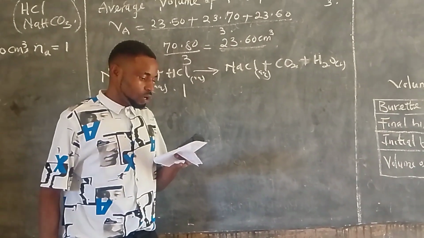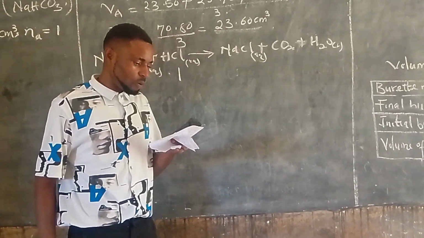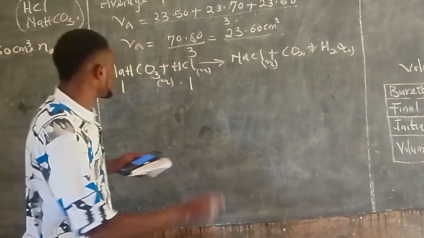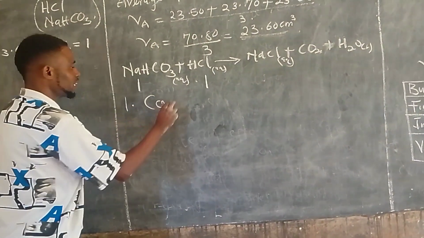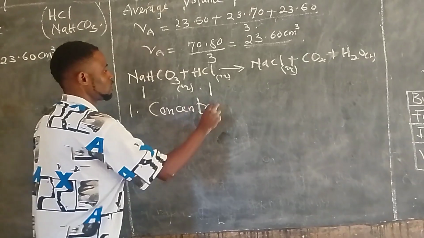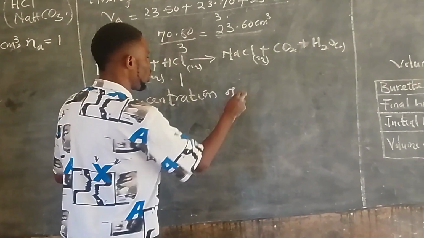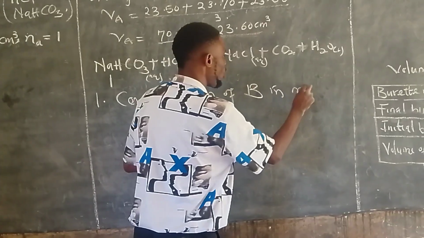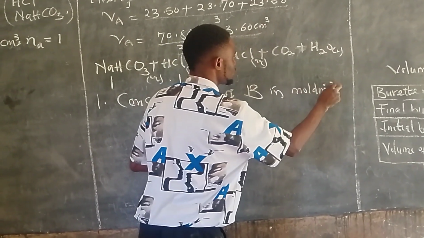Now B, from your result and the information provided above, calculate 1. That's calculate 1. Concentration of B in mole per dm cube.